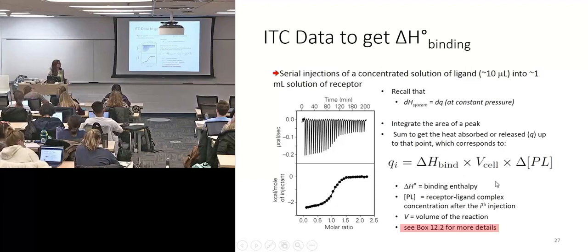I'll just leave it for you to review. Questions about ITC will again be, hey, look at this plot. Is this exothermic or endothermic? Can you tell if the stoichiometry is 1-to-1 or not from this graph? More broad interpretation. I won't make you do any calculations with ITC. But once you have delta H, you can get delta S, you can get delta G, you can get all the other stuff you want to know.